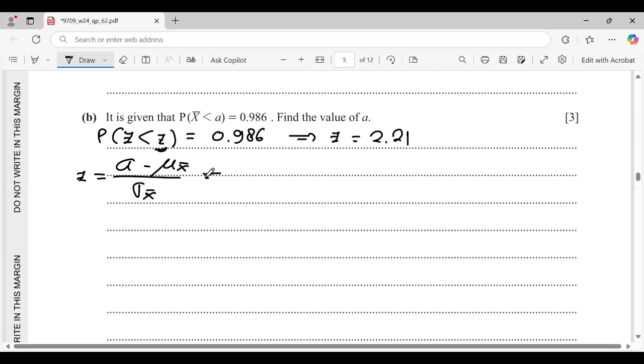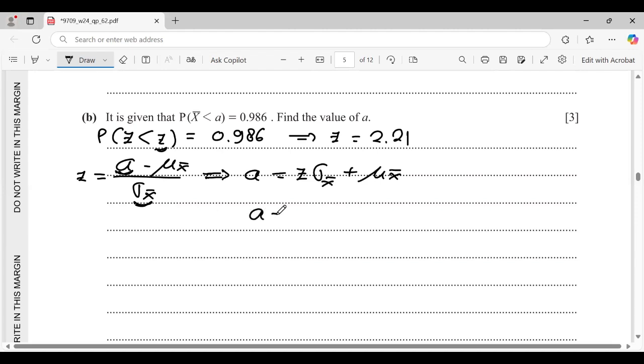So we can rearrange the formula with A as the subject: A equals Z times the standard deviation plus the mean.